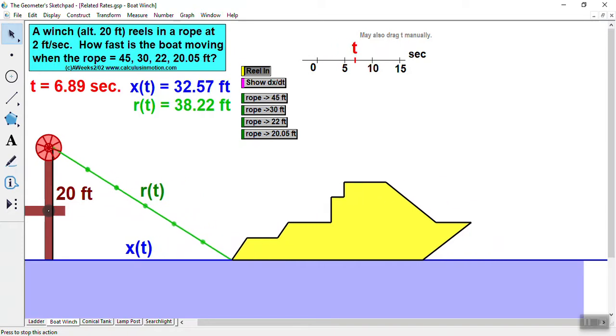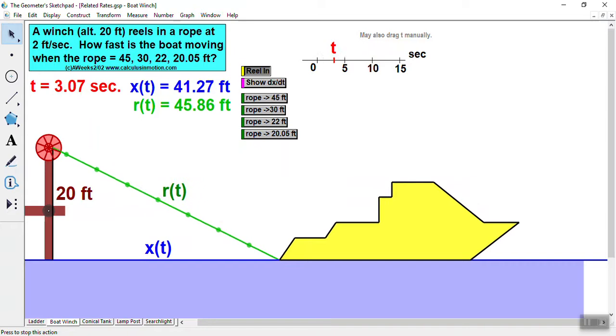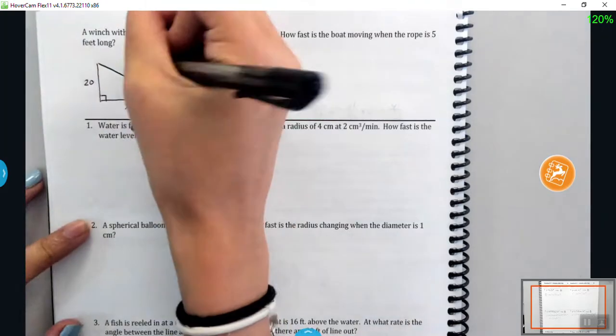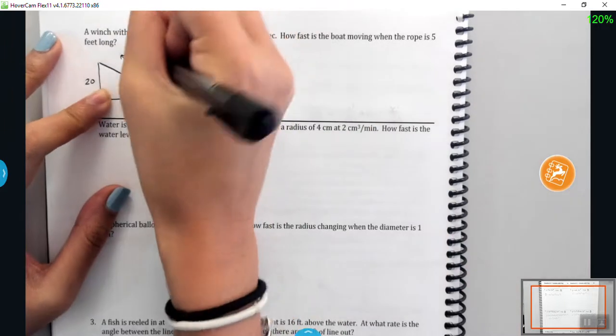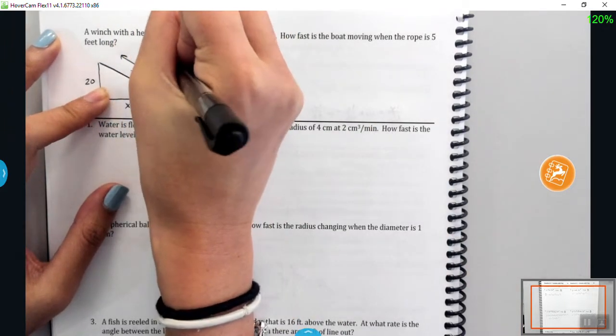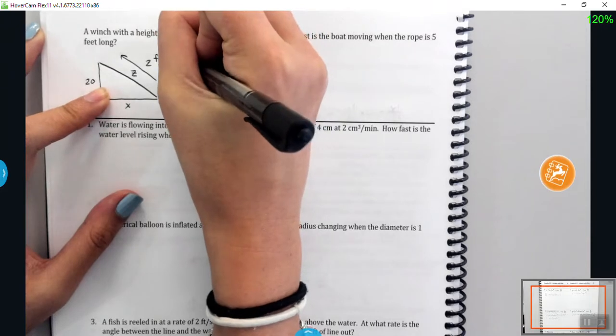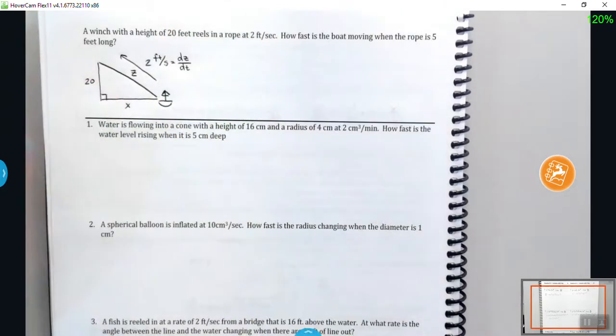Okay, so what is 2 feet per second? This is going in at 2 feet per second, and that's dz/dt. Positive or negative 2?